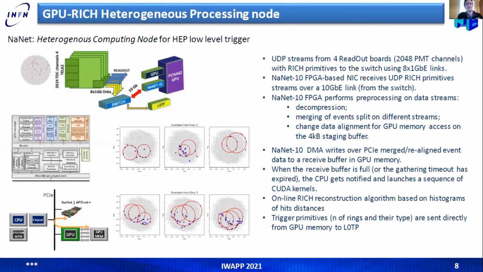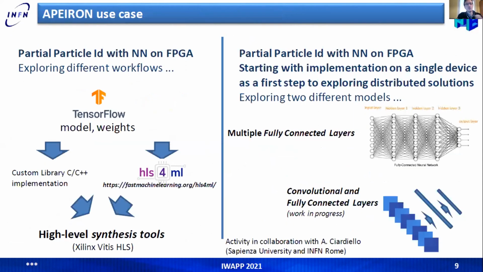So, having experience of this kind of data and this kind of experiment, we decided to use it as a use case for Apeiron, in which we want to perform partial particle identification with a neural network directly on FPGA.